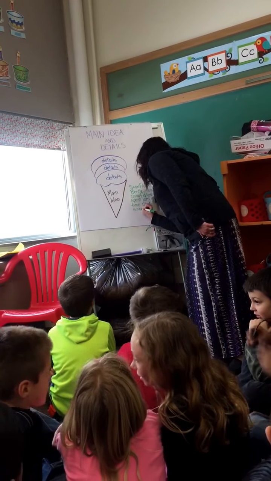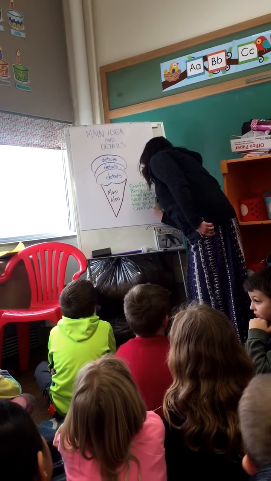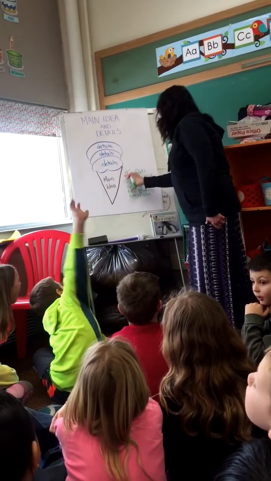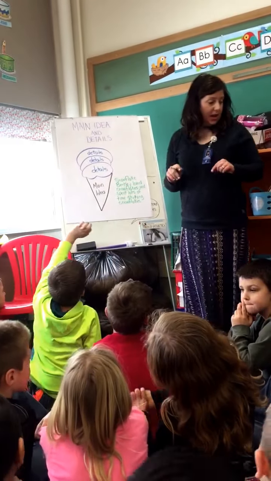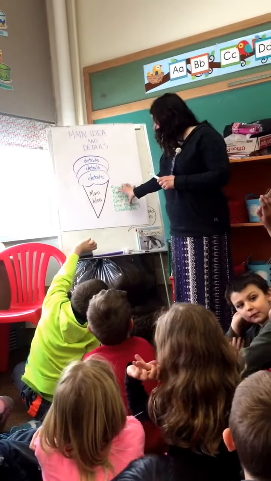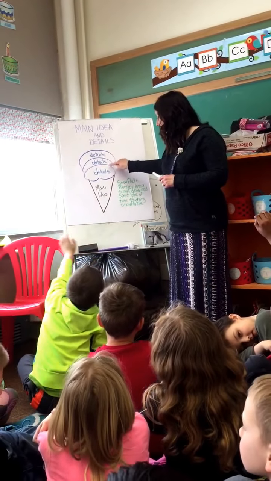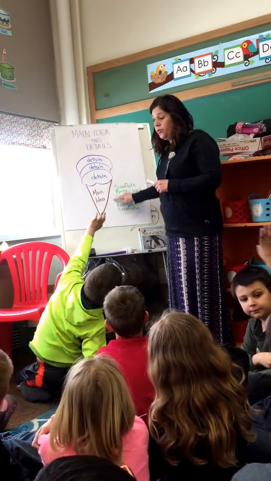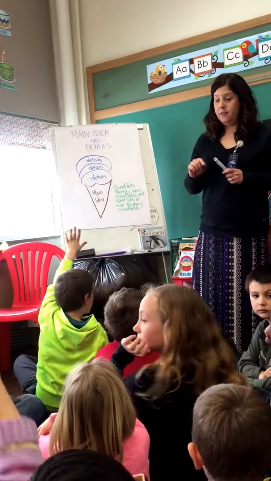Now I want everyone to try to get one detail in your head right now that supports that idea. What's a detail from the story that would prove this? What's something you remember from what we read that would prove that's true?